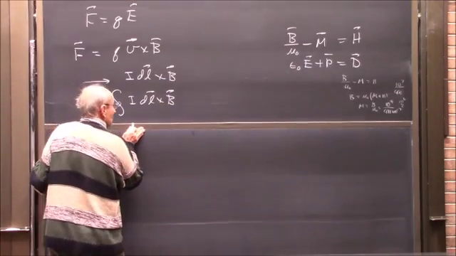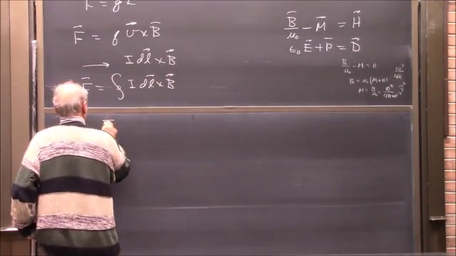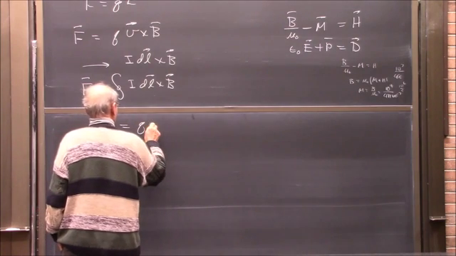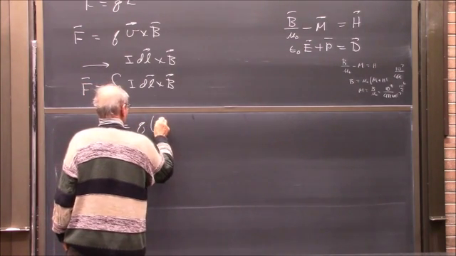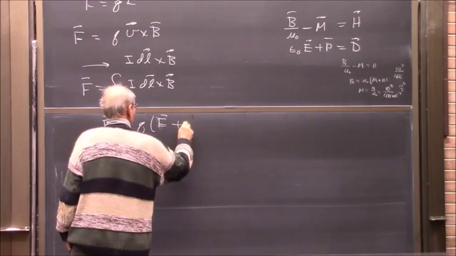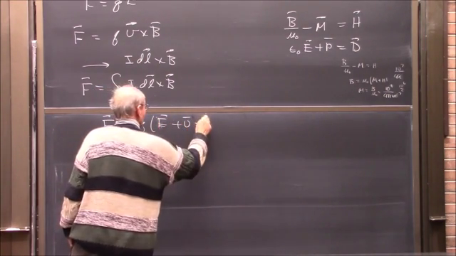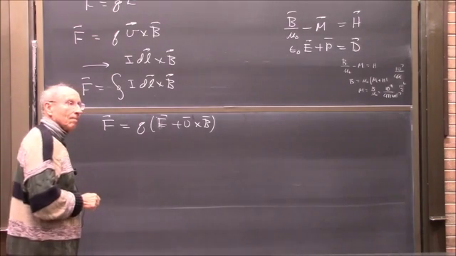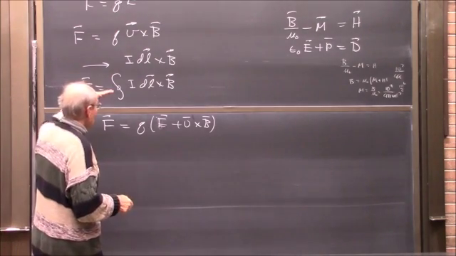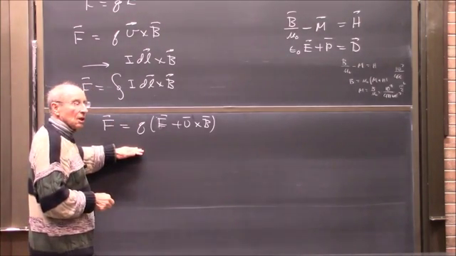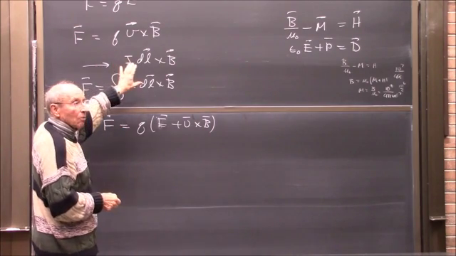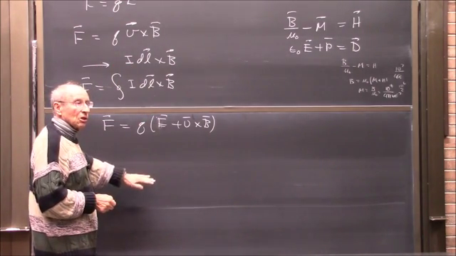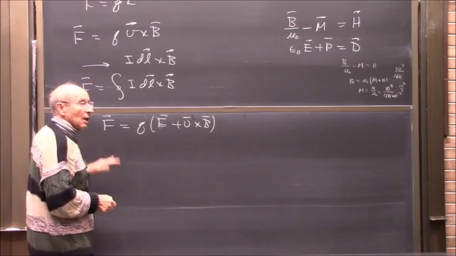So the complete story for electricity and magnetism is F is Q times E plus v cross B. And so that's the force that's exerted. And now you couple that with the four Maxwell equations to give E and B, and you have the complete story.